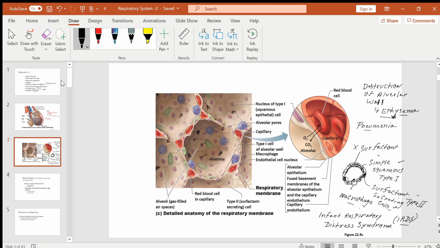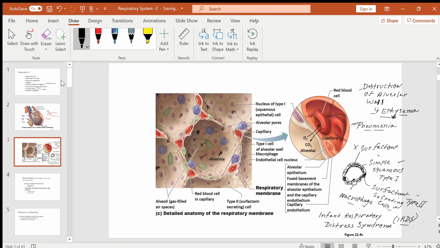So that is pneumonia, and the person will have very short breath or difficulty inhaling air because the alveoli are filled with fluid or pus. So those are two clinical conditions. Emphysema and pneumonia are directly related to the alveoli.